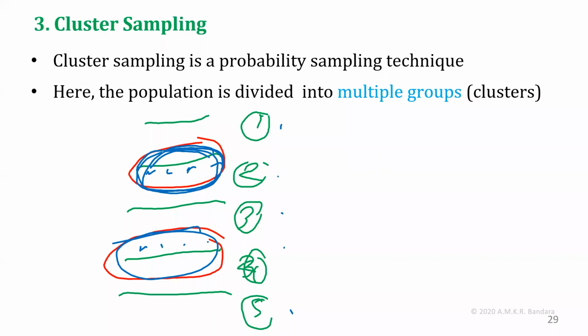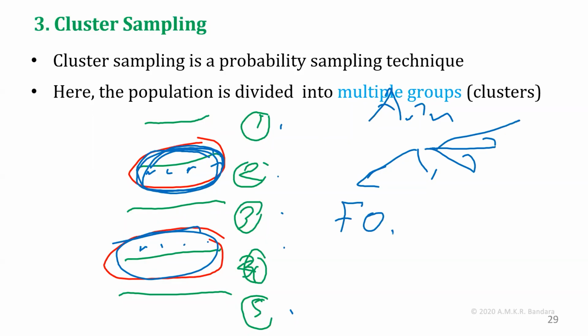Another example, if you want to study some characteristic of farmers, assume in Anuradhapura district, you can group those farmers at the farm organization level. Farm organization 1 in Anuradhapura district, farm organization 2, likewise farm organization n.